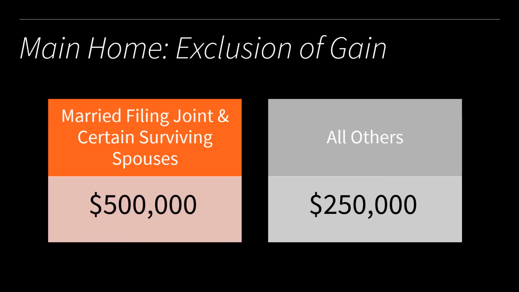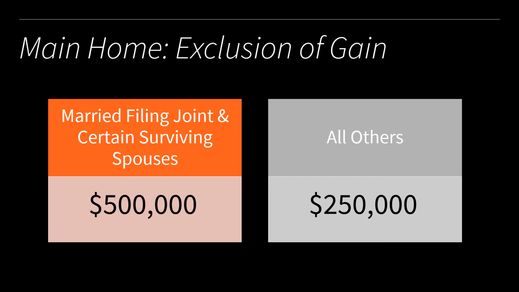The amount of gain that can be excluded does have an upper limit, but remember that this is gain. So this is not the sale price. This is the sale price minus the cost would be the gain. So for married filing joint taxpayers and certain surviving spouses, that exclusion amount can be up to $500,000.